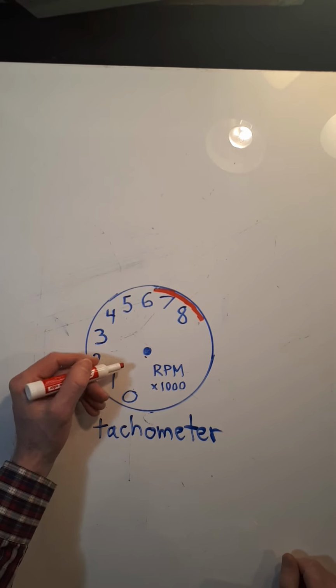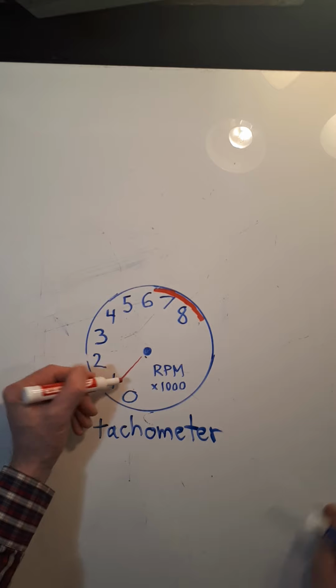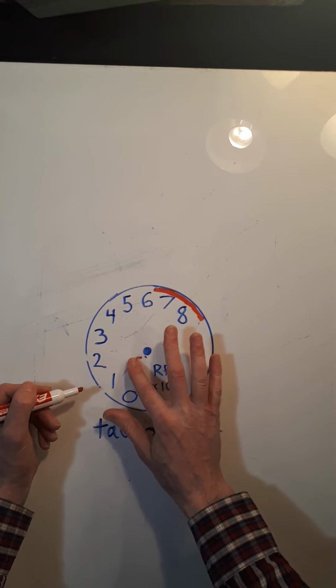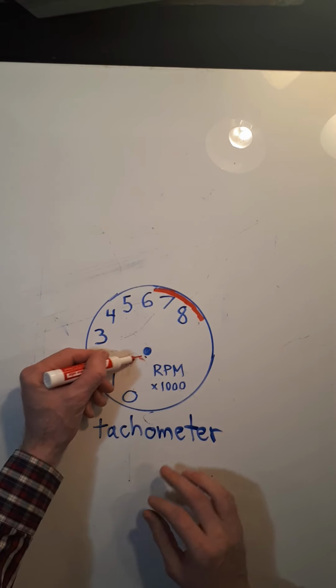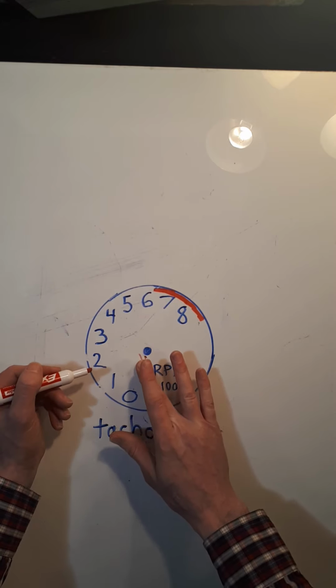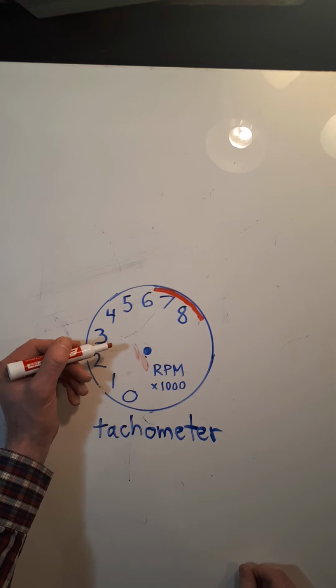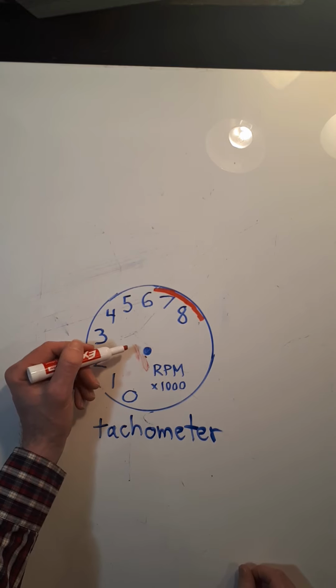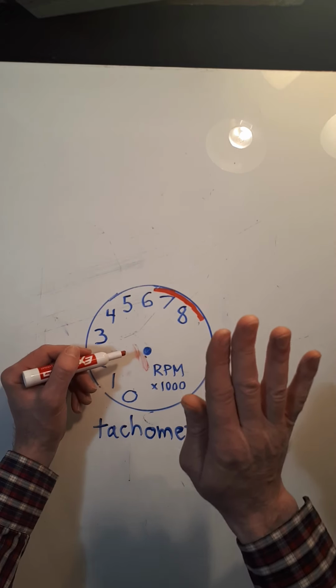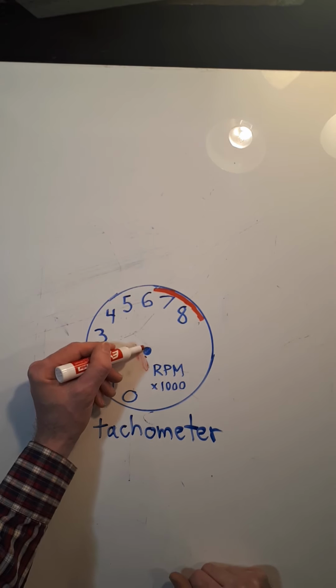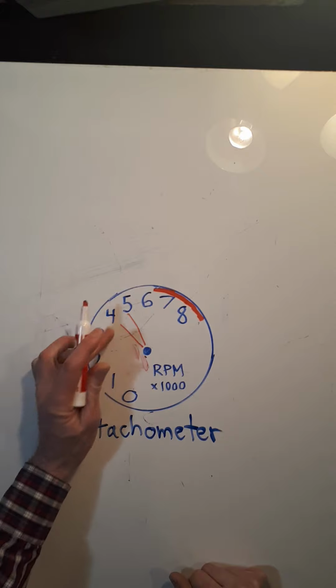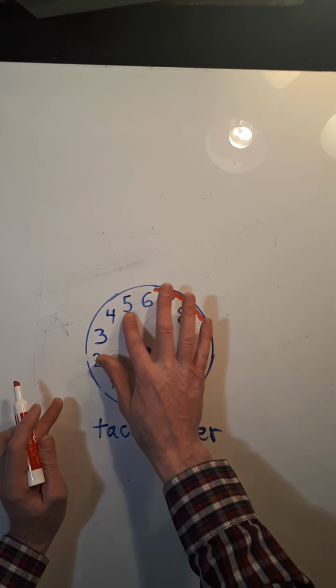So when you press the gas a little bit, it might go up to 1, it might go up to 2, or when you really floor it, for example, if you're starting from still at a stoplight, it might go up to 4, it might go up to 5, or it might go even higher.